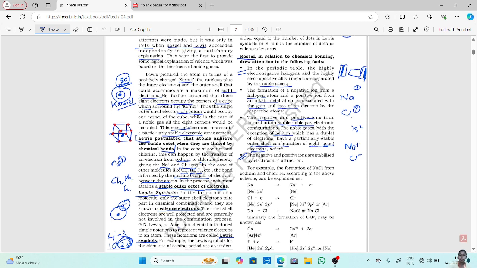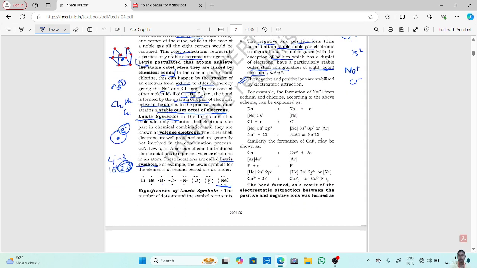Here they have given an example, again the same example, NaCl, sodium and chlorine. According to the above scheme, Na loses one electron and becomes Na plus.